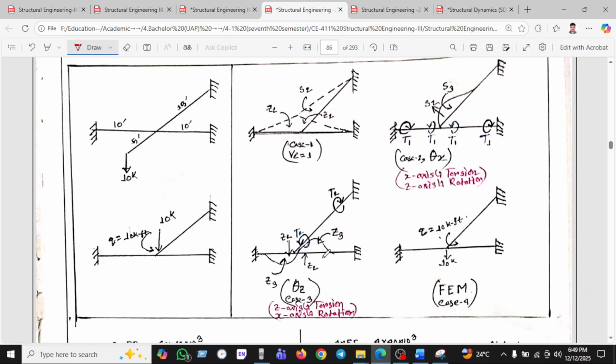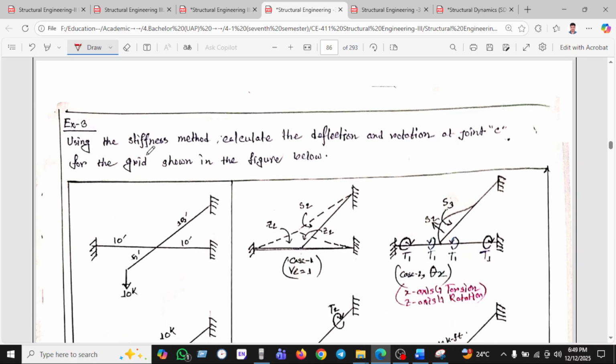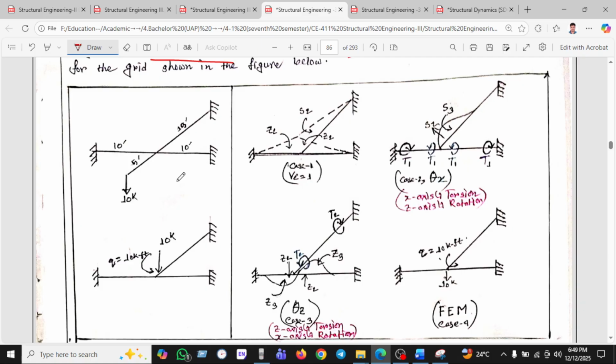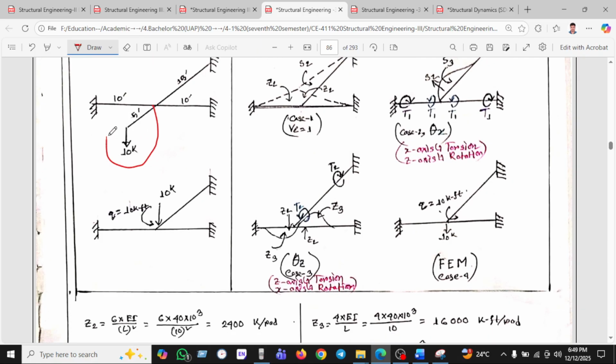Now we can see another example. Use the stiffness matrix to calculate the deflection and rotation at point C. This is the grid we have been seeing here. We also have the cantilever 5 into 10, which is 50.